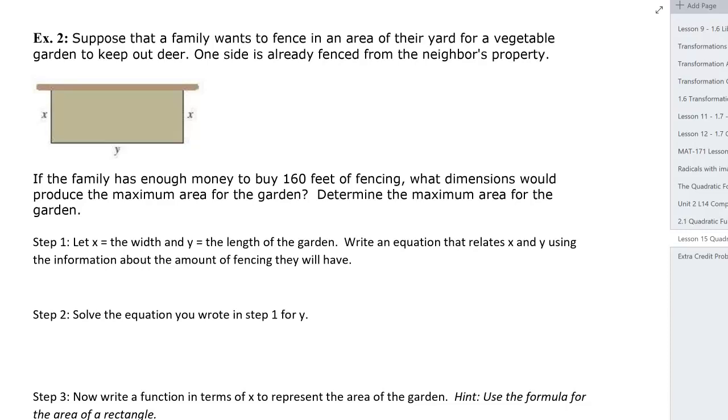Example 2. Suppose that a family wants to fence in an area of their yard for a vegetable garden to keep out deer. One side is already fenced from the neighbor's property. That's this side here.